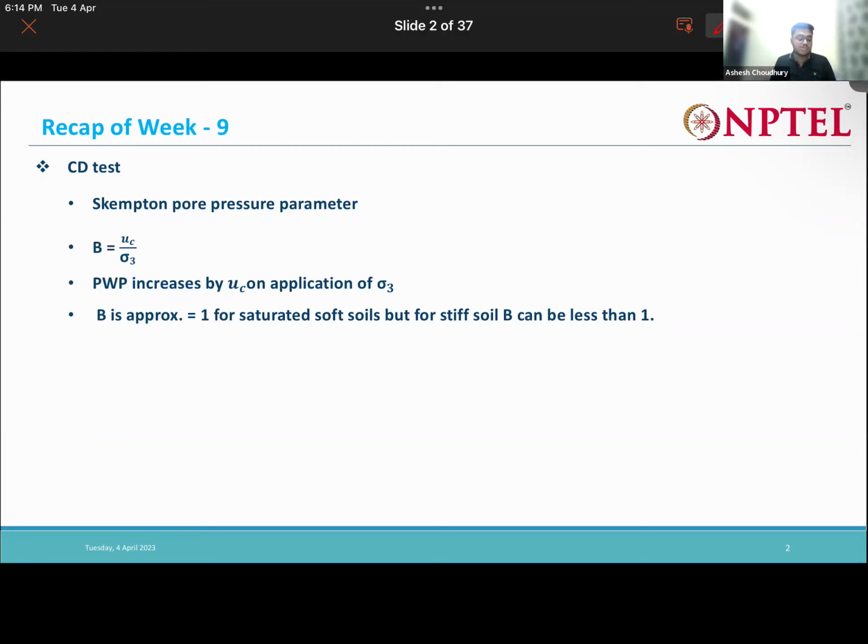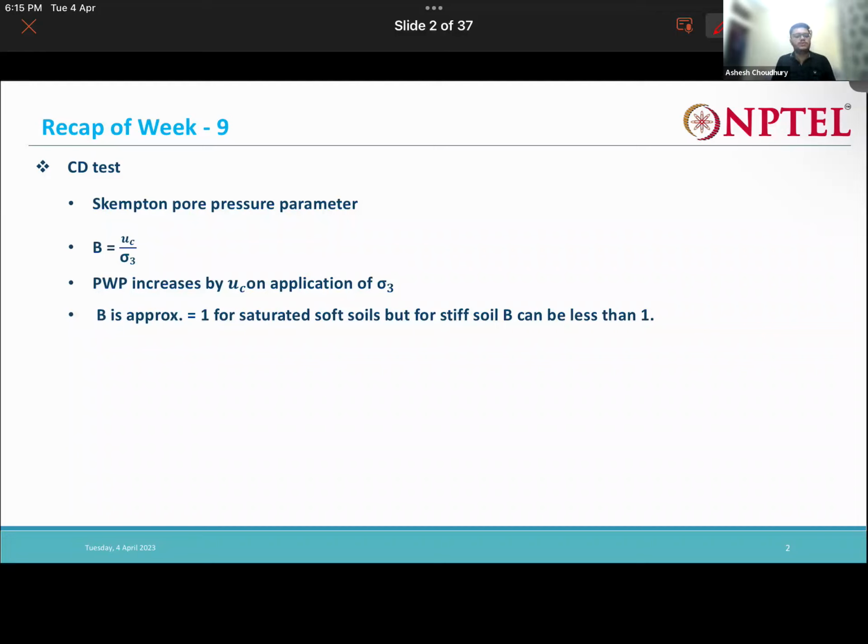You might be wondering, how do we actually saturate the sample? There is a process of saturating the sample. Over several years, many researchers have done many experiments and have given processes by which we can saturate the sample very fast.